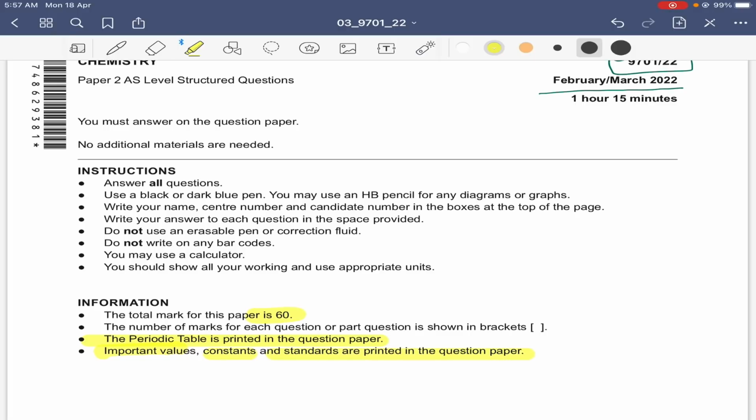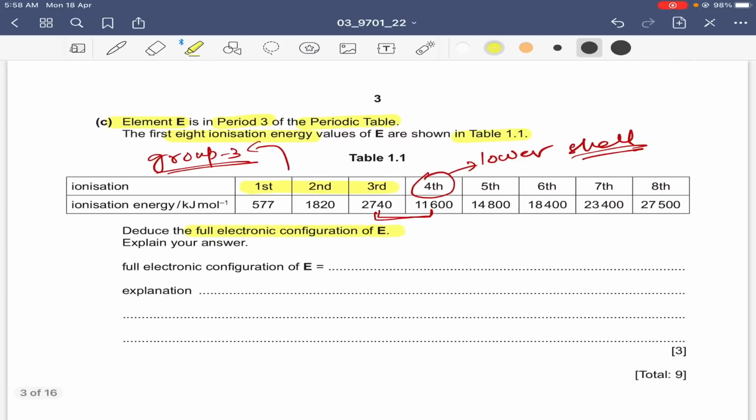So all those students who are asking again and again, do we have to remember the values in the data booklet? No, you don't have to memorize the values, because you will get all those things in the paper. No data booklet this time, but all the values, all the tables, or the important information will be with your paper, okay?